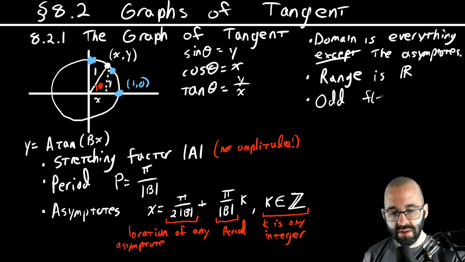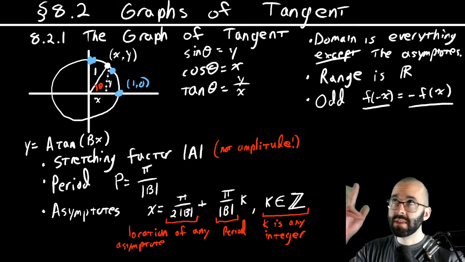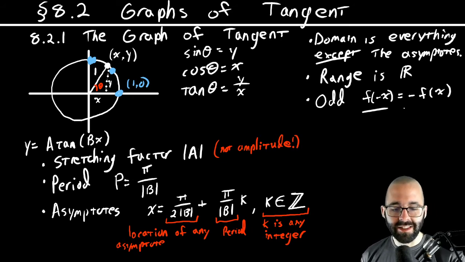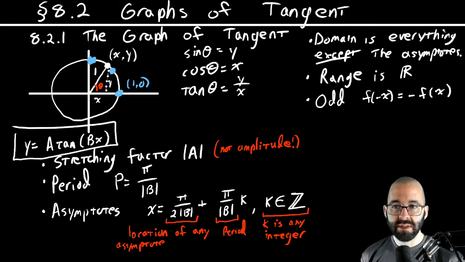One of the ways that's very useful for us is this is true. A reflection about the x-axis is the same as a reflection across the y-axis. Reflection across the y-axis is the same as a reflection across the x-axis. Okay? So these are all the things that we can use for tangent graphs in this form.